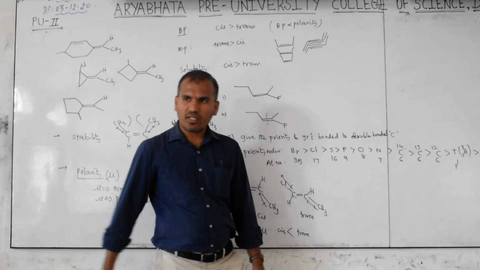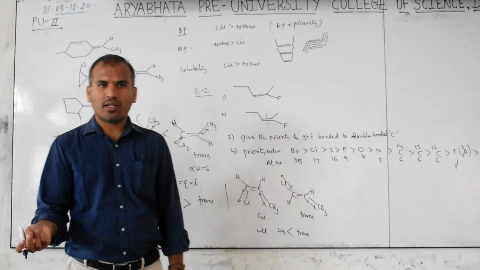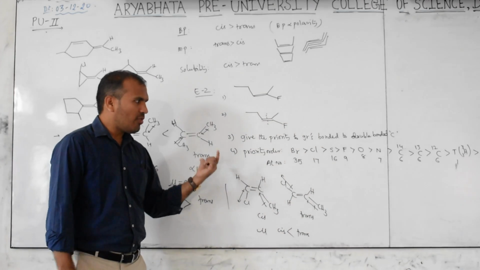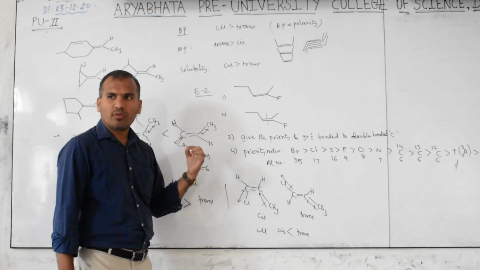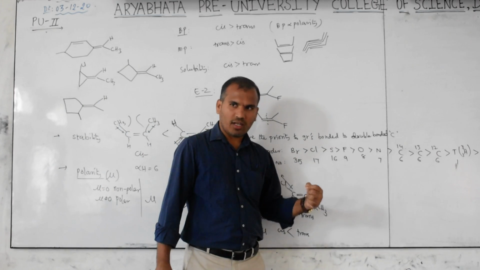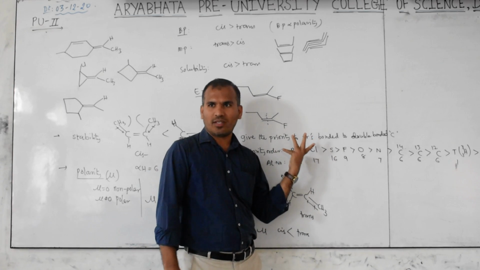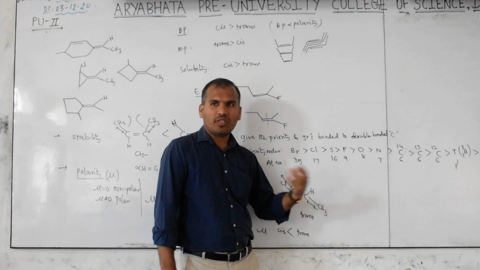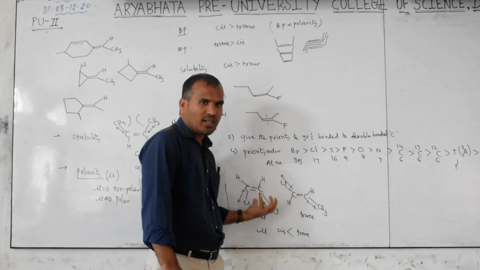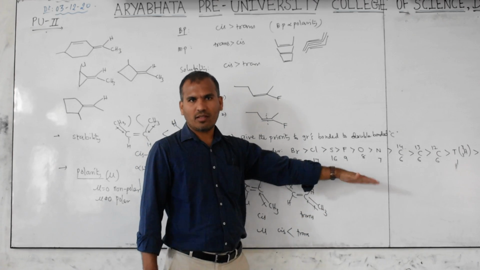So tritium is first priority, then deuterium, then hydrogen. So this way we have to follow. I gave just a few examples in this order, not all mixed here. Because not only these are the elements; total how many elements are there? So many elements are there. Of those, the ones frequently used in EZ nomenclature are what is represented. Got the concept?